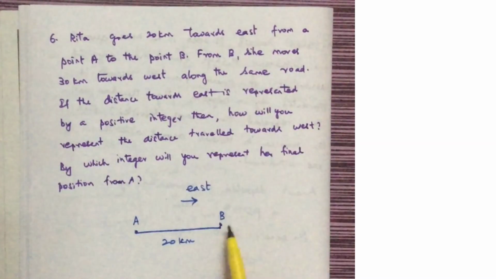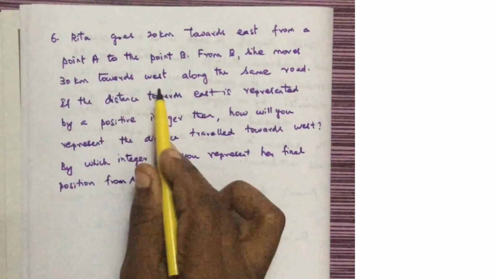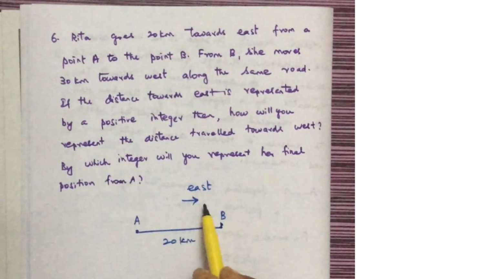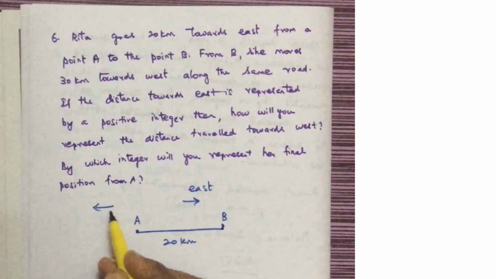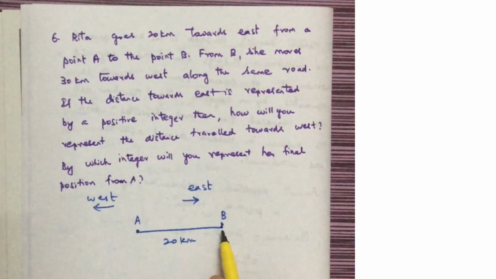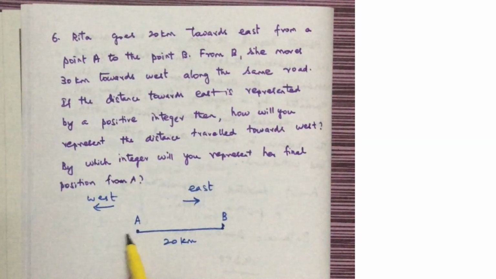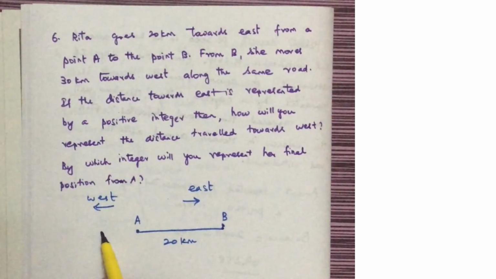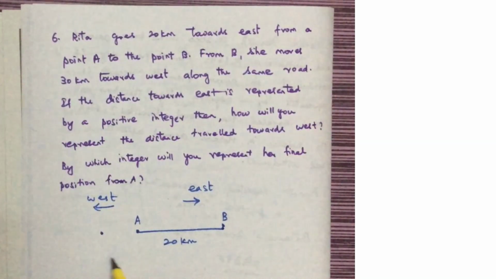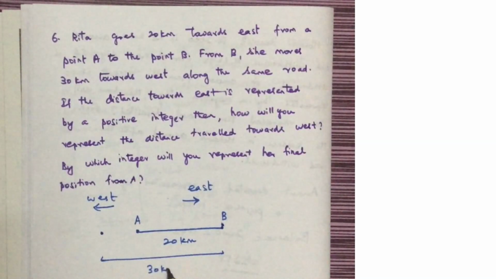From B, that is from here, she moves 30 km towards the west. So if this is east, west is opposite to that. From here she moves 30 km. So again 20, another 30. So total from here to here is 30 km.